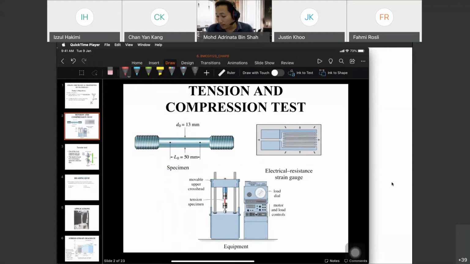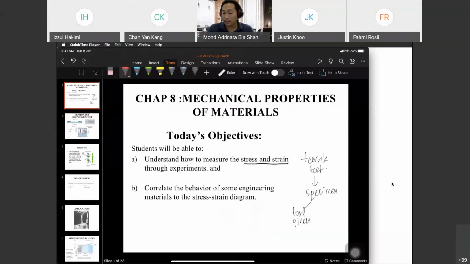Then a load is given. Tensile load is given to our specimen.